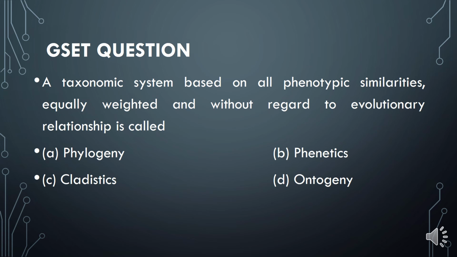So now we come to our question: a taxonomic system that is based on phenotypic similarity, equally weighted and without regard to the evolutionary relationship. Let us consider our options. In phylogeny, we consider the evolutionary relationship as well as the biochemical relationship, that is, evolutionary relationship both in morphology as well as protein and DNA sequences.